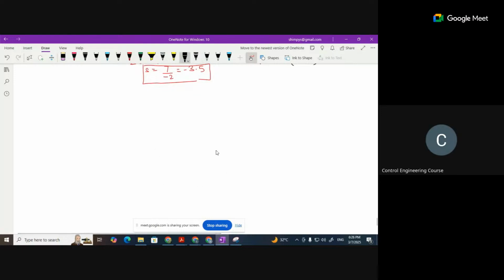So now if I plot it again, let us see it carefully once again. Then we'll refer back. This is my sigma. This is j omega. This is 0, minus infinity. This is minus 7, right?